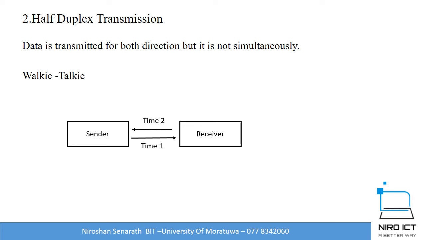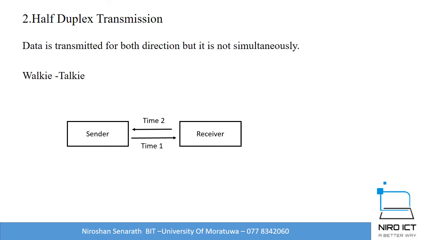That's why we call it half duplex transmission. In there we can transmit data in both directions, but not simultaneously. Compared with simplex data transmission, this is better because we can transmit in both directions.